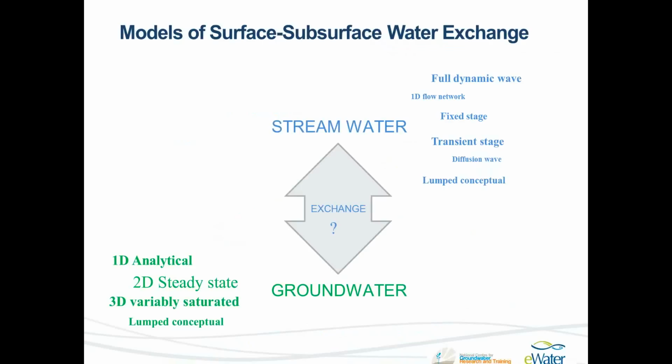And then similarly with groundwater, we can have very complex 3D variably saturated numerical models, or we can use simpler analytical models like what is currently in source. With both these models, we then need to calculate some exchange, and that's where I'm quite interested, in terms of quantifying this exchange between our streams and aquifers.